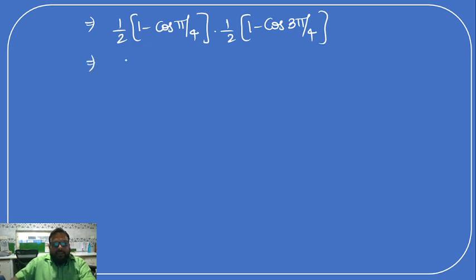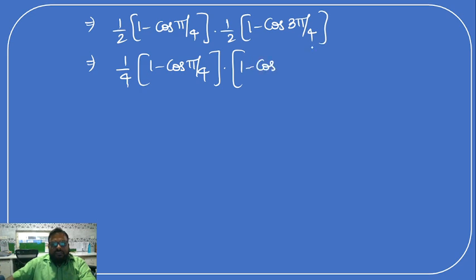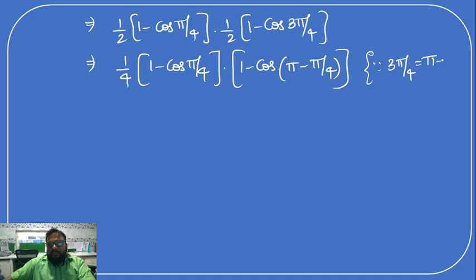Since everything is in multiplication, this becomes 1/4 (1 − cos π/4), and here also there is an adjustment: instead of 3π/4, I will write it as π − π/4.